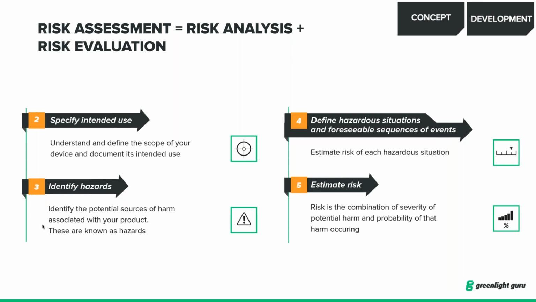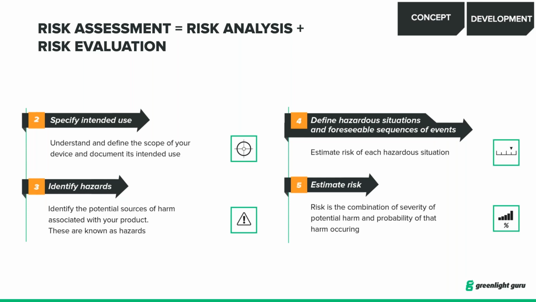But once you start to define your hazards, your hazardous situation, your foreseeable sequence of events, and the harm that can result from that, then you're going to be able to start to estimate the risk. And this term is confusing to people. Risk, by definition per 14971, is the combination of severity of potential harm and the probability of that harm occurring.